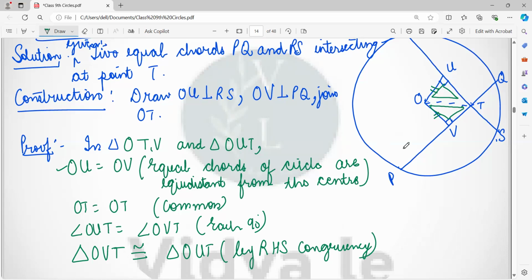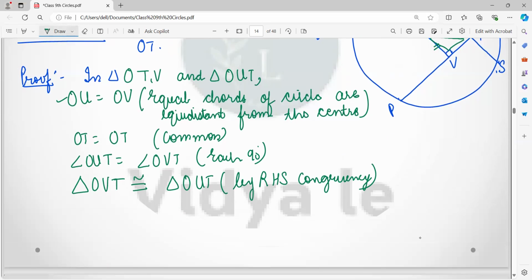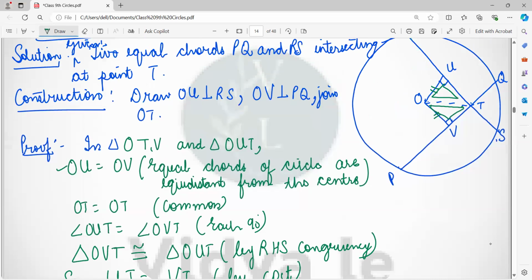Now, we know that when two triangles are congruent, their corresponding parts are also equal. So here VT is equal to UT, by CPCT, corresponding parts of congruent triangles. And we are given that PQ is equal to RS.